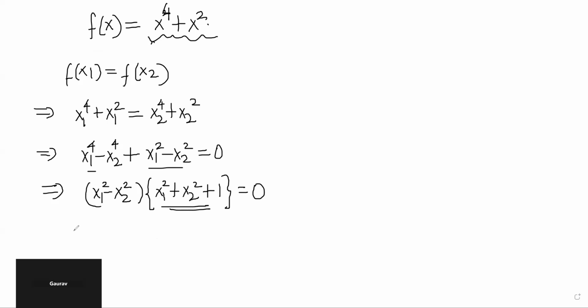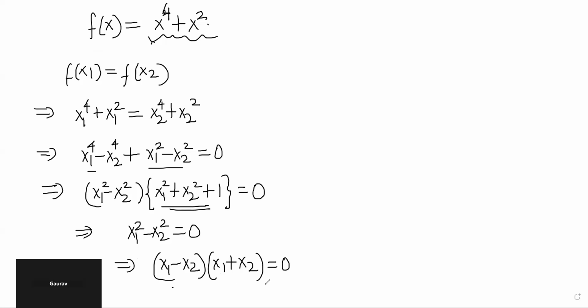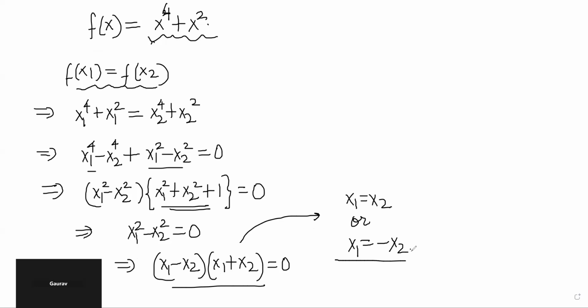So that implies that x1 square minus x2 square is equal to 0. But that implies x1 minus x2 times x1 plus x2 is 0, right? So this means that f of x1 is equal to f of x2 implies either x1 is equal to x2 or x1 is equal to minus x2. Okay. So we are not getting just this, right? We are getting another possibility.